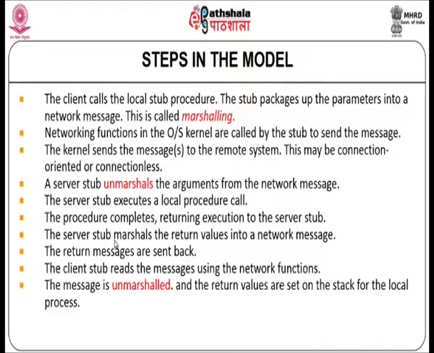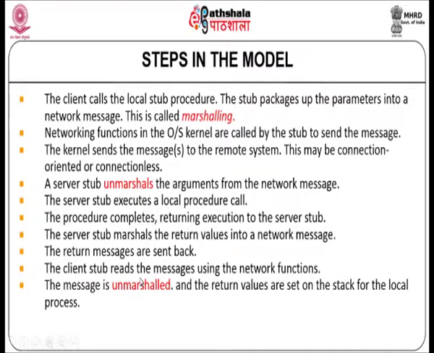The server stub would unmarshal the arguments from the network message, and then it would execute the local procedure call. Once the procedure gets completed, it would return the execution result to the server stub. The server stub would again pack everything and return the values through the network routines, as a network message.